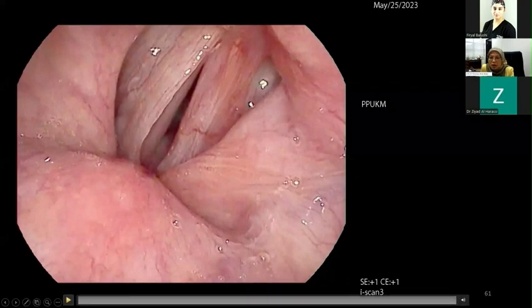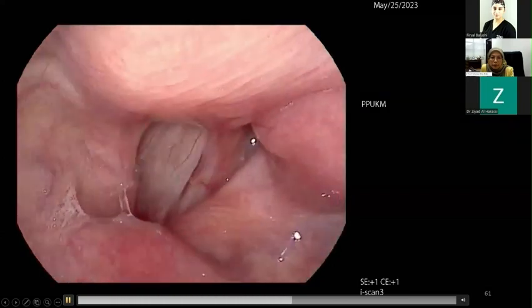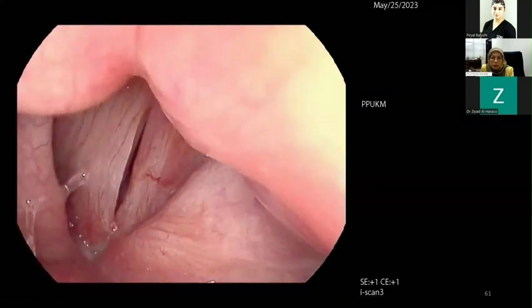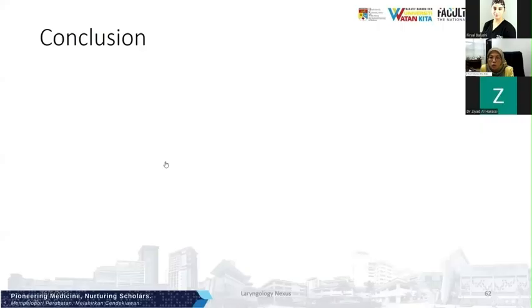This is eye scan together with stroboscopy. If you remember, with the tumor, there was no vibration at all on the left side. Now there is, probably you can imagine some vibration, but definitely the voice is better compared to before the operation.